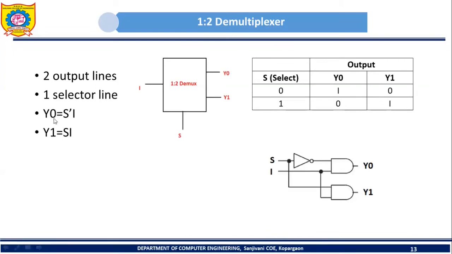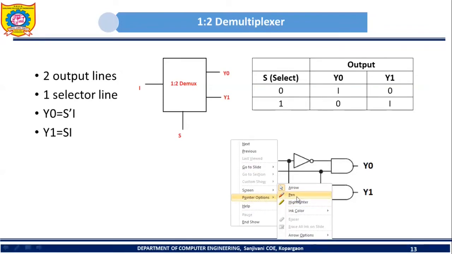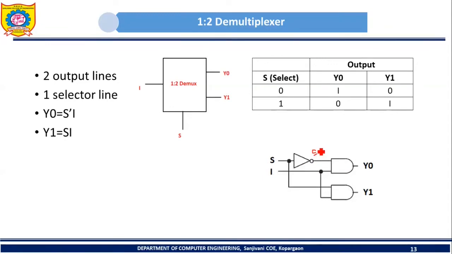In order to implement y0, we will require one AND gate and one NOT gate. What should be the input to the NOT gate? The input to the NOT gate should be S, so that here I will get S prime.